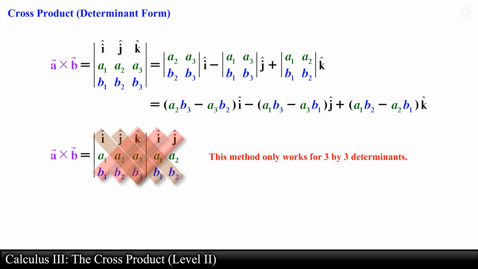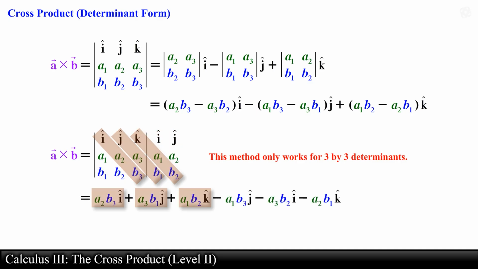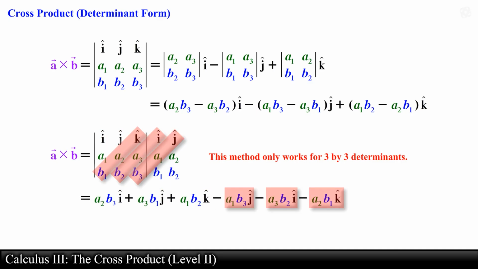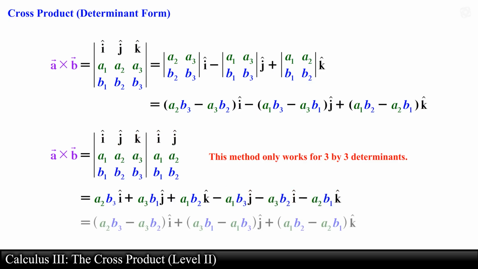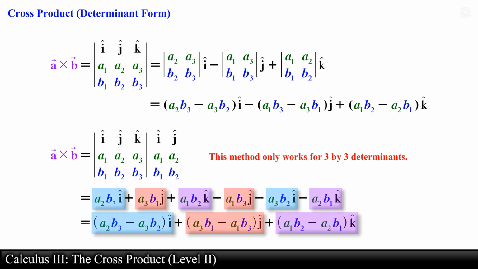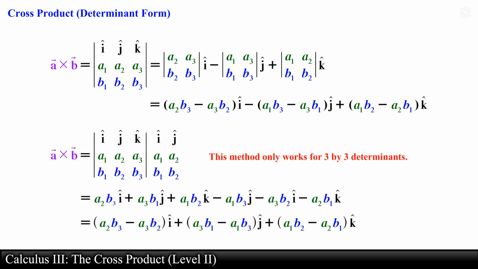We essentially need to multiply along each of the 6 diagonals and add the product of the diagonals that move downward from left to right and subtract the product of the diagonals that move downward from right to left. In the end, you simplify by grouping the terms that contain the same unit vector. Notice that the j-hat component of the cross product is written with the negative sign distributed.